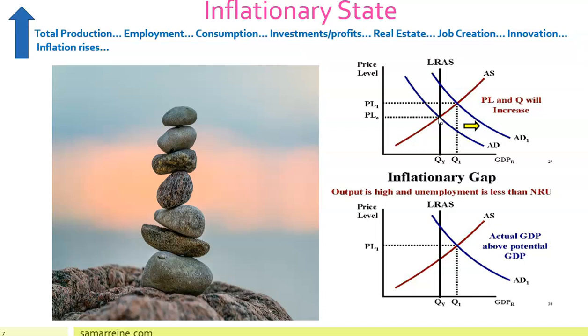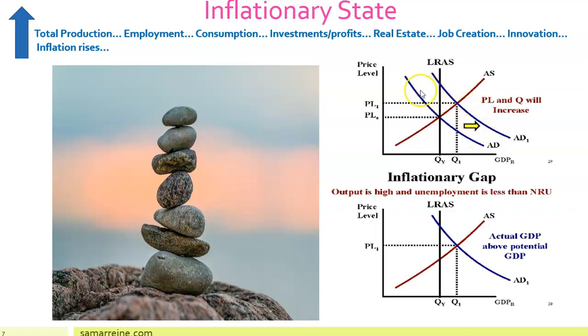If that's the case, then the aggregate demand shifts to the right and brings with it a higher price level and also a bigger level of production and consumption. So if this is the case and you have inflation rising too much, this would be a type of demand pull inflation, right?